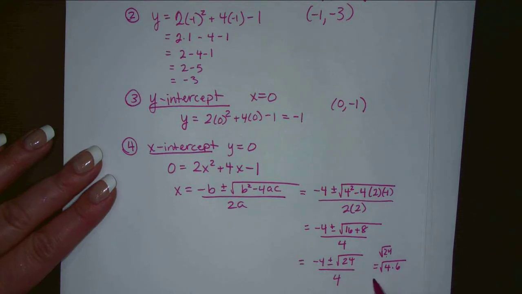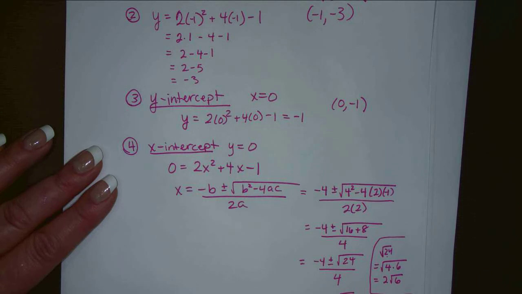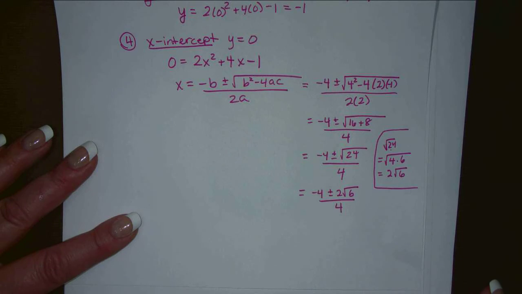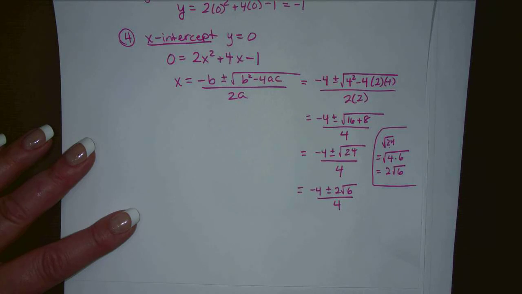So square root of 4 is 2, and the square root of 6 we would leave. You had to do this on your test the other day. Yeah, the factor of 2 will go into all 3 of these terms, so we can factor out a 2.